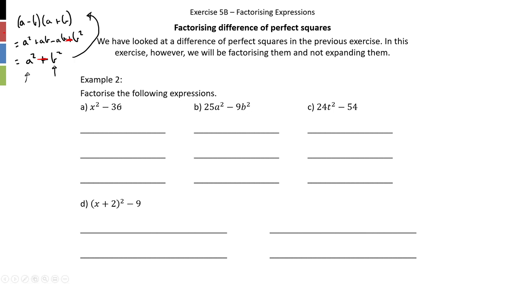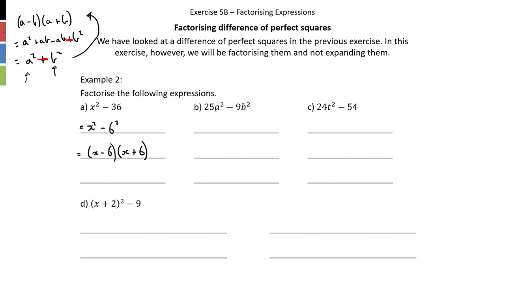Well, not at the moment, but we can turn pretty much always this last term into something squared. So let me show you. x squared minus 36 can be written as x squared minus 6 squared. Now we have a first term squared, subtract second term squared. So we can write it straight away using our difference of perfect squares shortcut: our first term minus our second term, multiplied by our first term plus our second term. There we go, we have just factorised that.